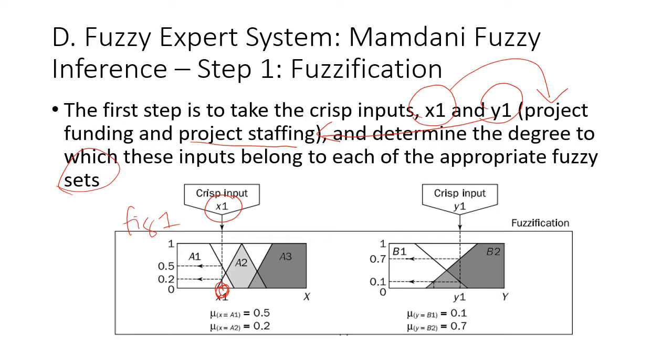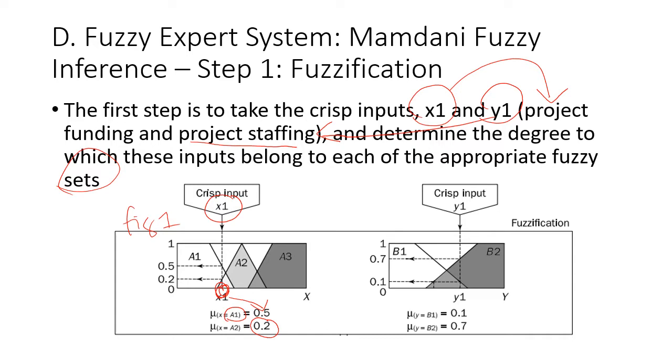Based on where it is located, x1 has a membership degree of 0.5 in the fuzzy set A1, and it has a membership degree of 0.2 in the subset A2.